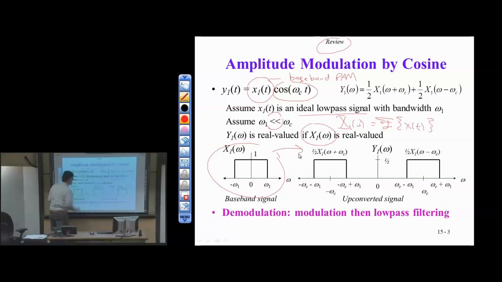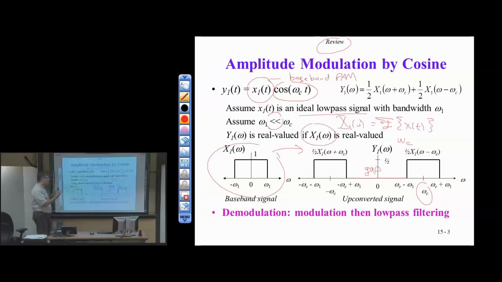So if I do the upconversion, I shift the baseband signal to the right by the carrier and left by the carrier, and the key is that I want to make sure that the carrier is high enough so that I have a gap between the bands, so that I really have bandpass transmission. And so what do I need for that gap? What does omega c have to be? Up here I say much greater than omega 1, but there's no sampling here.